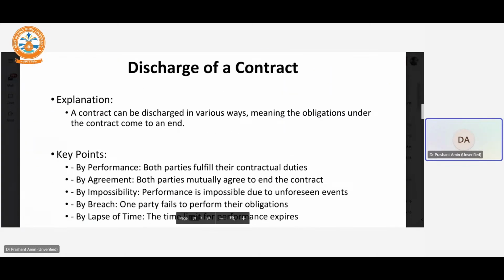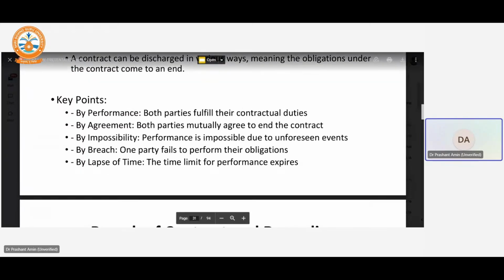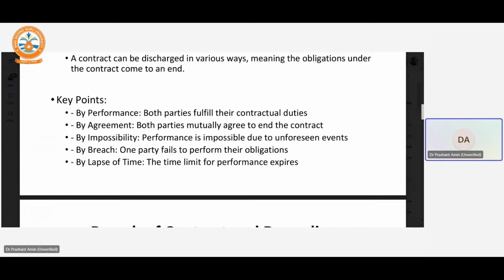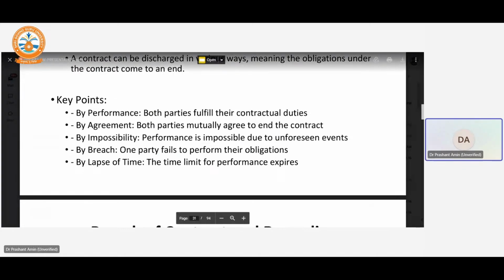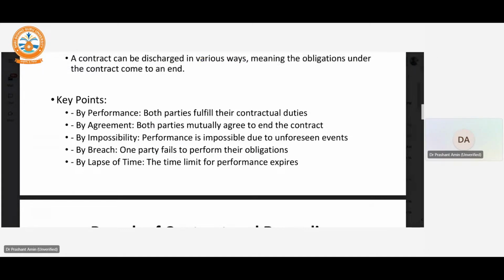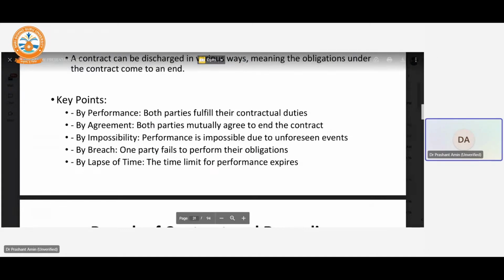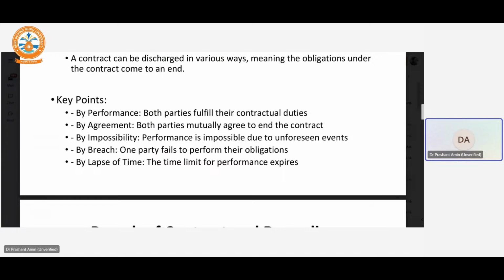So discharge of the contract, when the contract is completed. In the discharge of the contract, when can you say that this particular contract is completed? So there are 5 elements: by performance, by agreement, by impossibility, by breach, by lapse of time. If you look at performance, both the parties fulfill their contractual duties, then you can say that the contract is discharged.